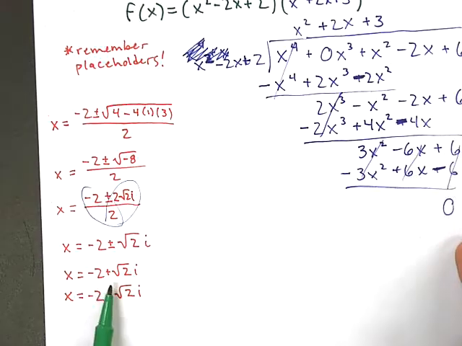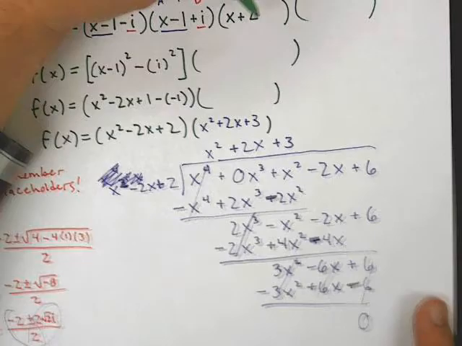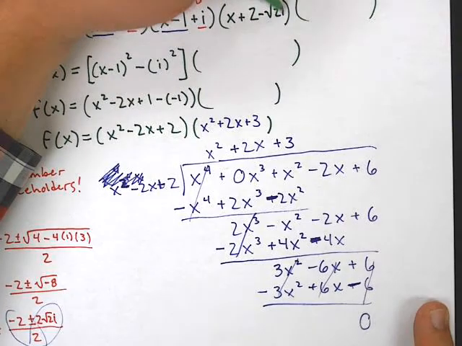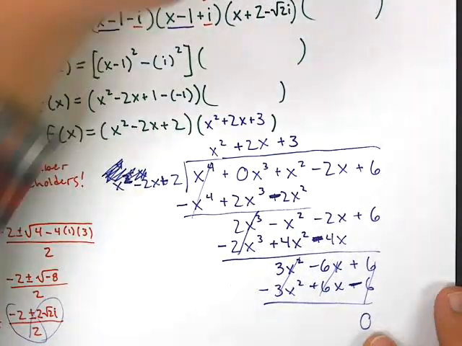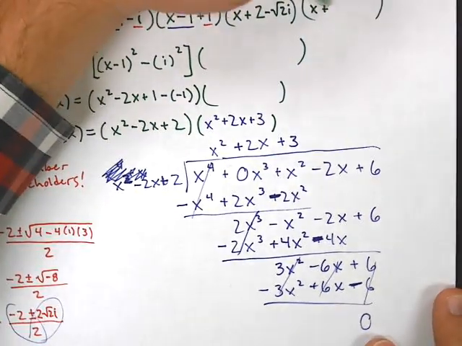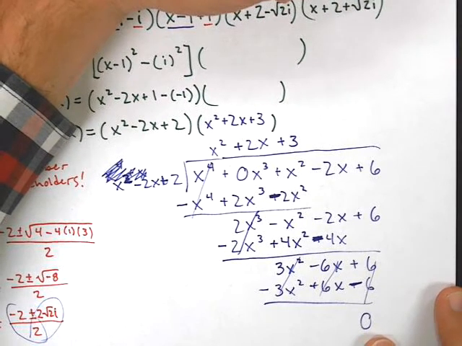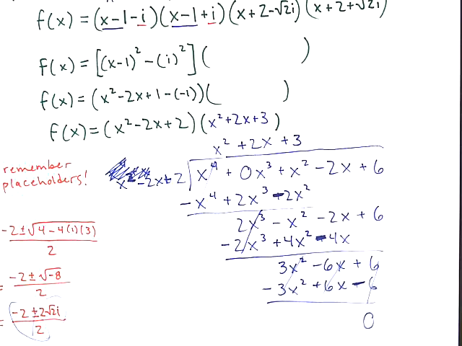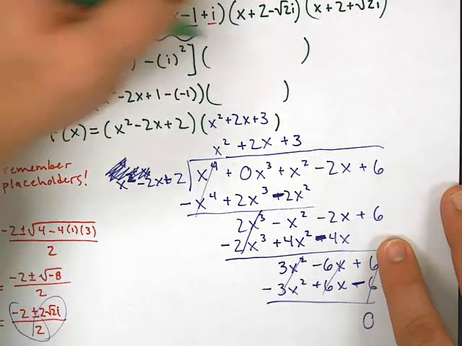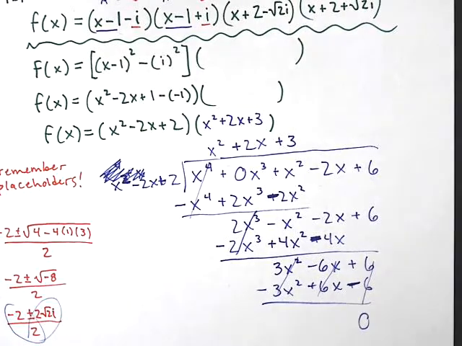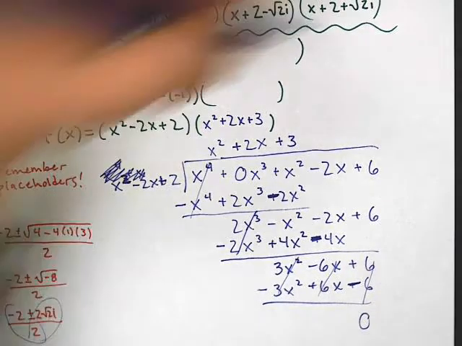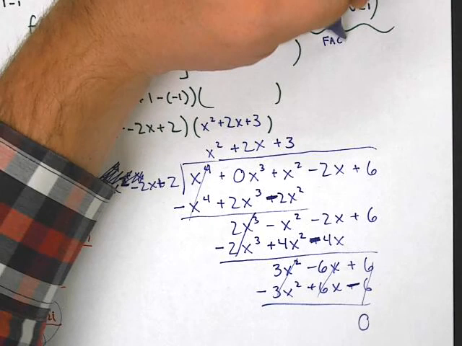And then I had a positive root 2, so it's going to be negative root 2 i in this first one, and then the other one will be x plus 2 plus root 2i. And this right here is my answer to writing in factored form. I'm not going to rewrite it.